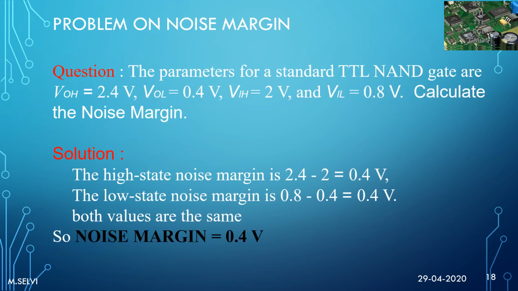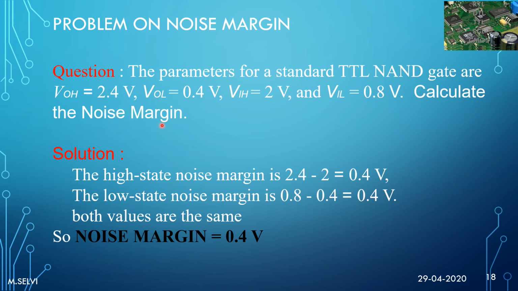So let us see how this noise margin is calculated. For a standard TTL gate, the voltage at high level output is 2.4 volt, low level output is 0.4 volt, low level input is 0.8 volt, and high level input is 2 volt.